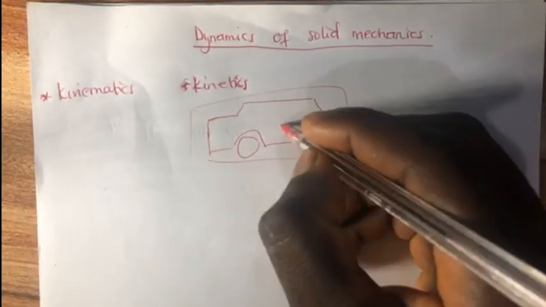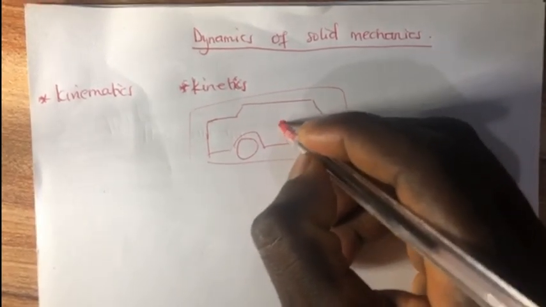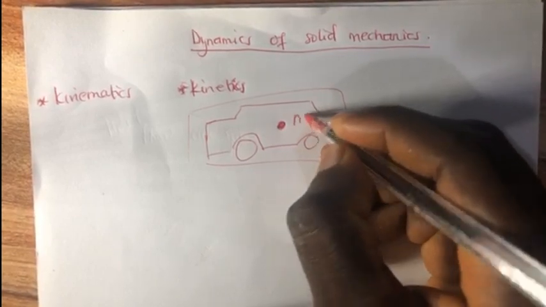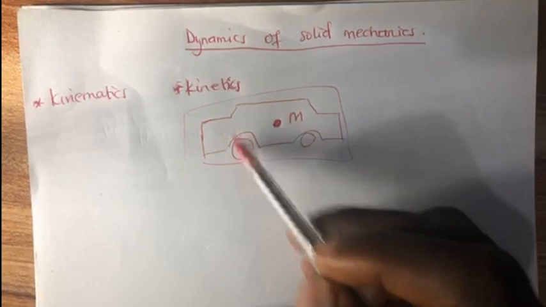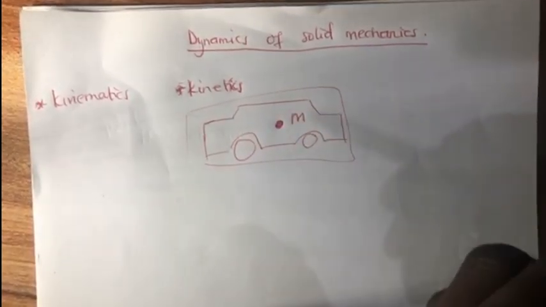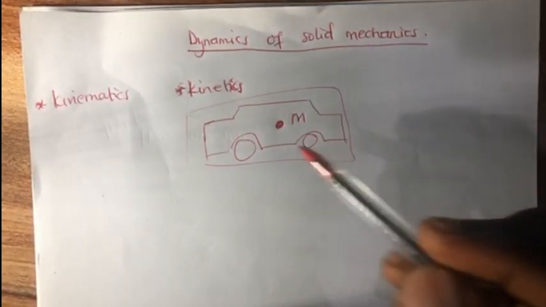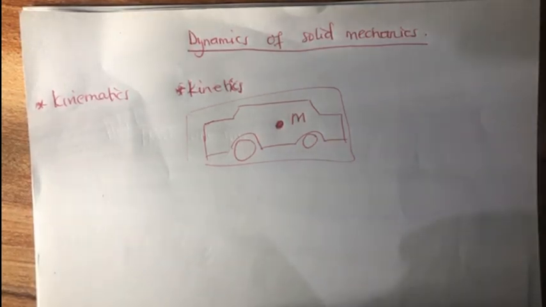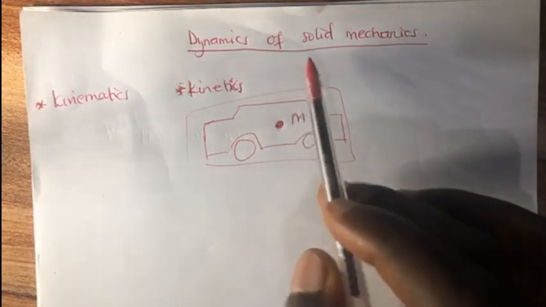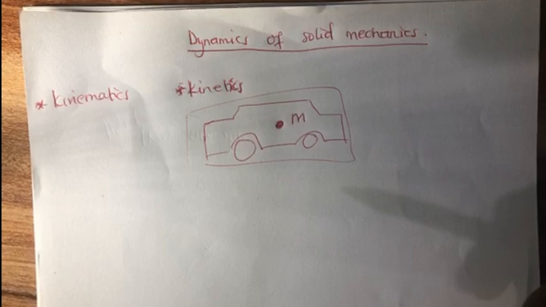You consider the car as a single point, having a certain mass, and then you will do your kinematics and kinetics analysis on the particle before you go ahead and consider the car as 3D. Then you will do your dynamics analysis on it. Now, under this, we are looking at 2D motion, right? 2D, 2 dynamic, 2 frame motion.